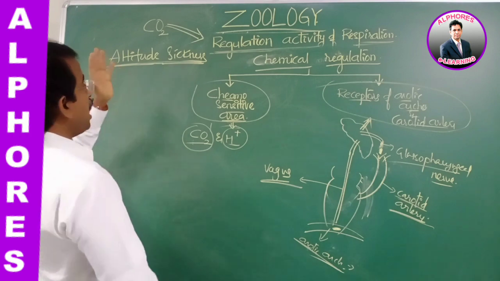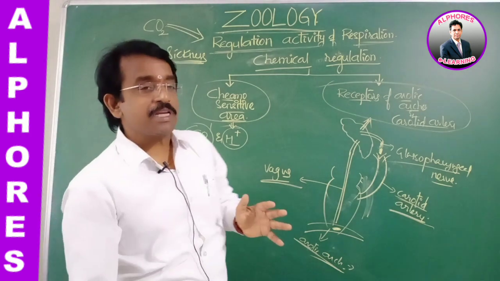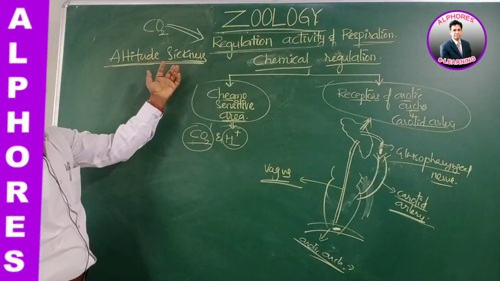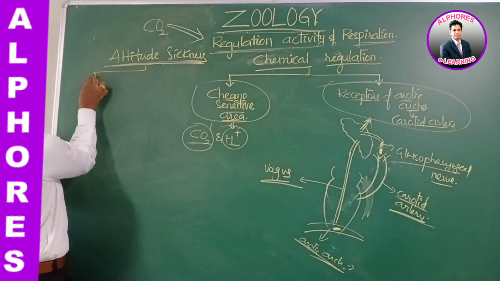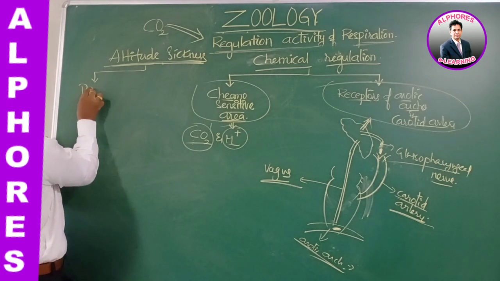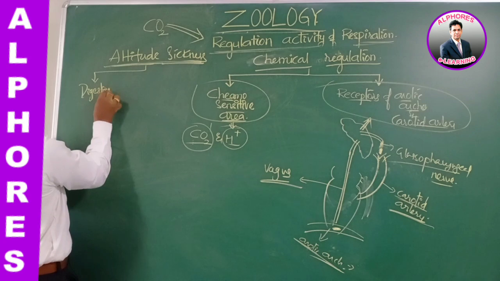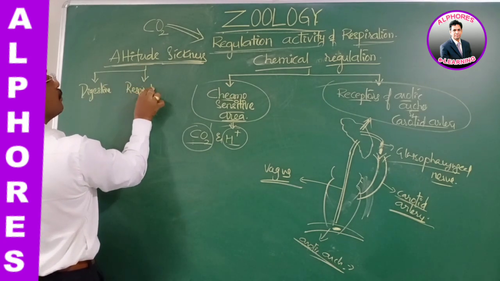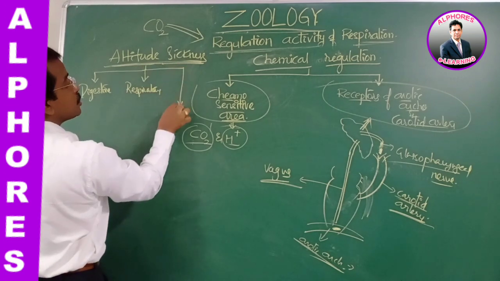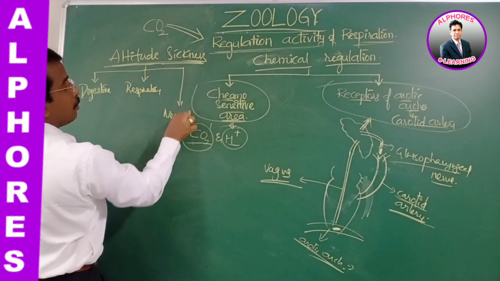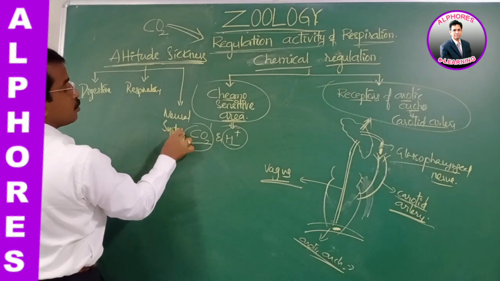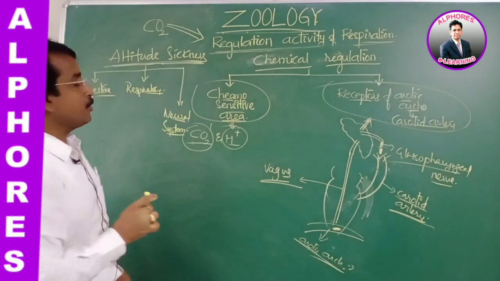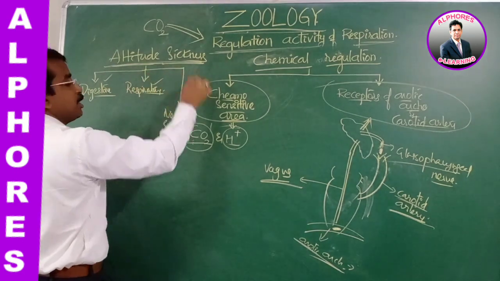The availability of oxygen at high places is very low, and it leads to altitude sickness. This altitude sickness shows its effect on the digestive system, respiratory system, and neural system. This is the effect of altitude sickness on the three systems.